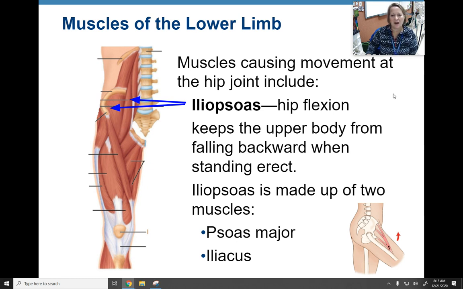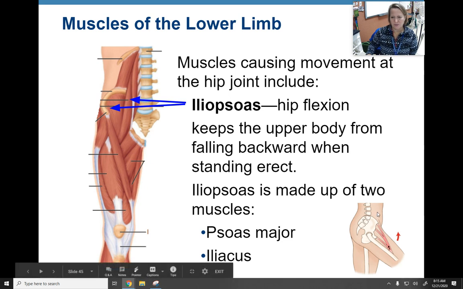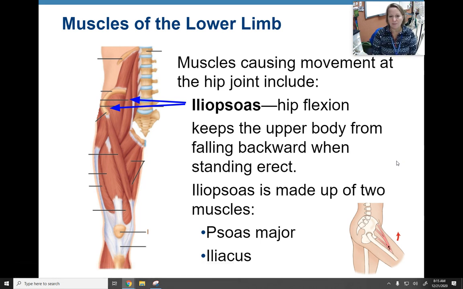Those are involved in flexion. So here's a picture of flexion. So you're bringing your knee or your leg up. It keeps the upper body from falling backwards when you're standing up too. So you're using it all the time when you're standing.